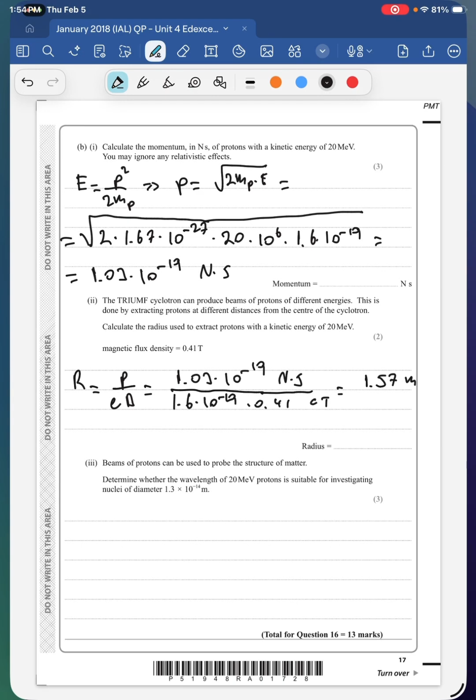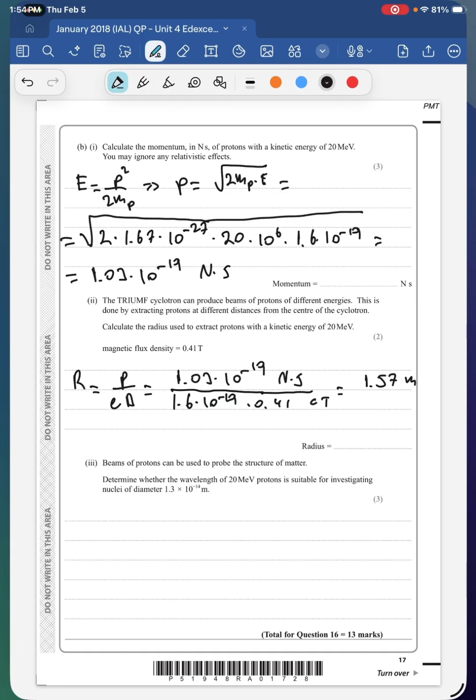Part 3. Beams of protons can be used to probe the structure of matter. Determine whether the wavelength of 20 MeV protons is suitable for investigating nuclei of diameter 1.3 times 10 to the negative 14 meters. Okay, we can find the de Broglie wavelength.